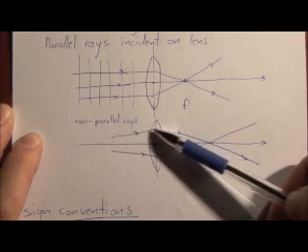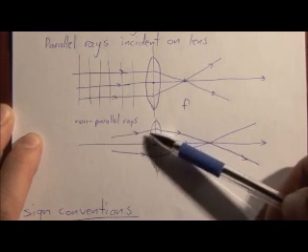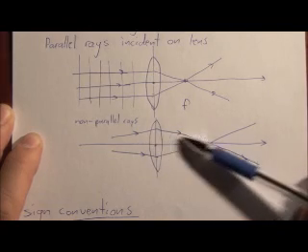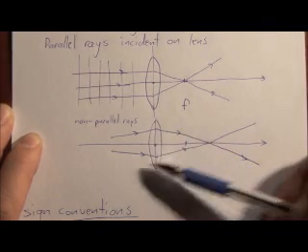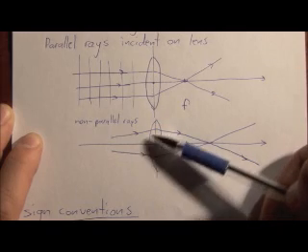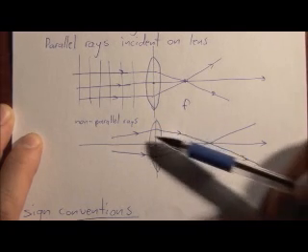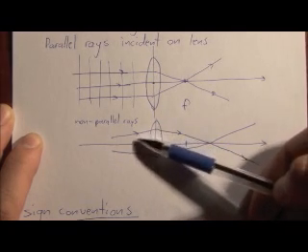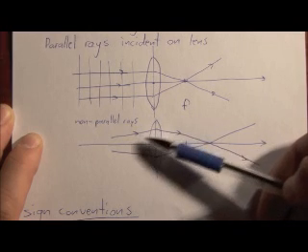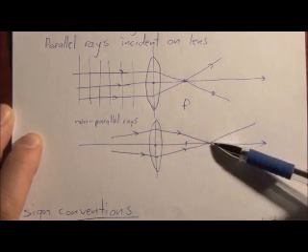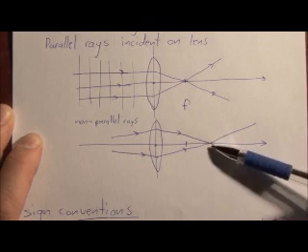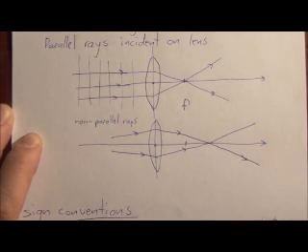It's already used up some of its bending power to cope with the diverging light rays. It's a very colloquial way of looking at it, but it'll do. And so it's used some of its bending power to overcome the divergence of the light rays, and so they're focused beyond the focal length.